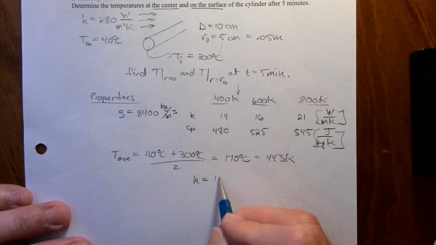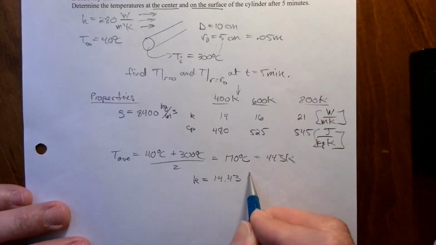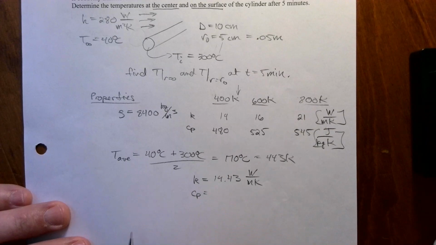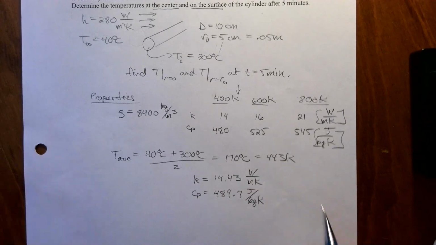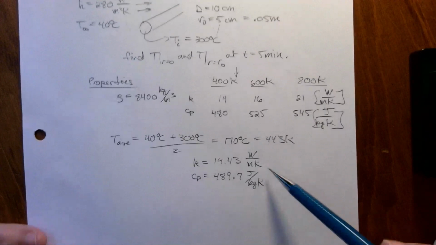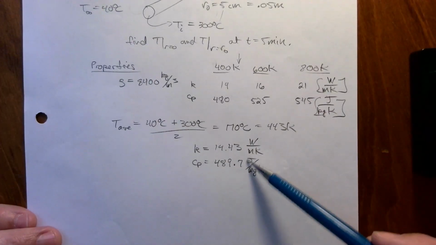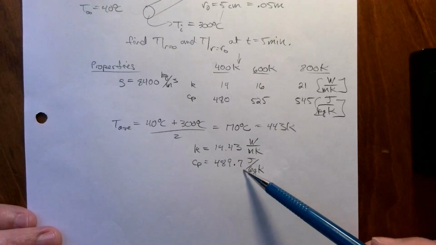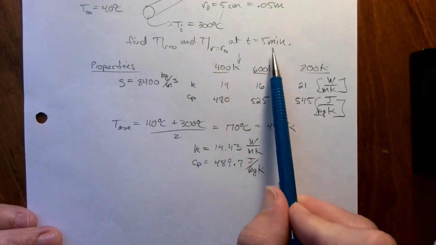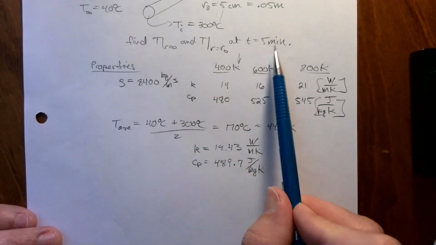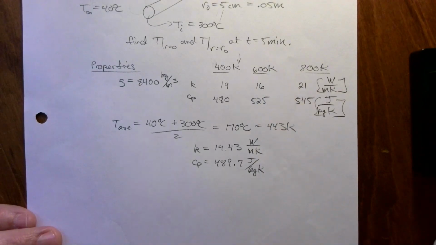What I get for that is 14.43 watts per meter K for the thermal conductivity and for C sub p, 489.7 joules per kilogram K. The variation in these is quite often significant enough to drastically change the temperatures at the end after 5 minutes, or change the time, whatever it is it's asking for.